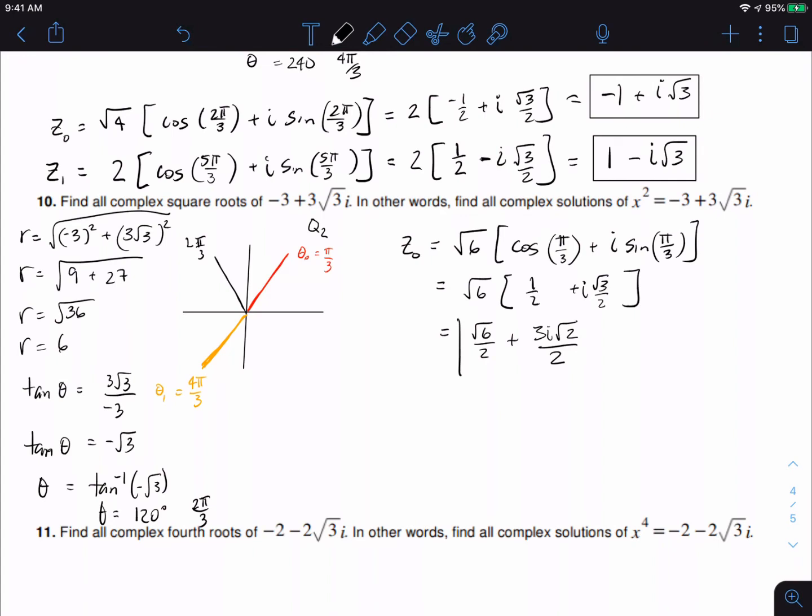And that's my solution to the first. Is that okay? Are there any questions on this one? I just want to make sure.